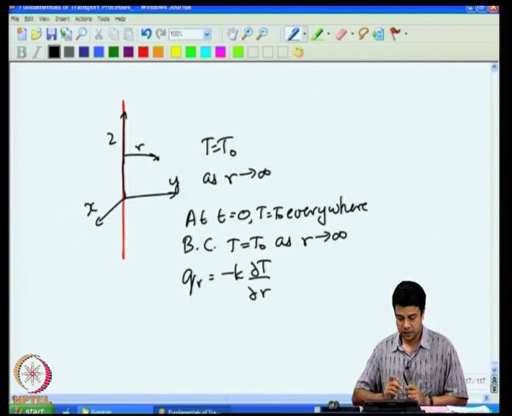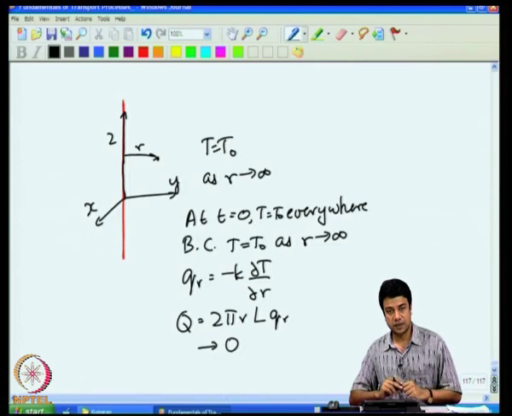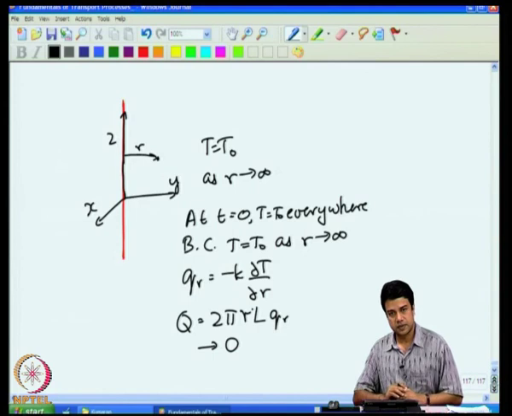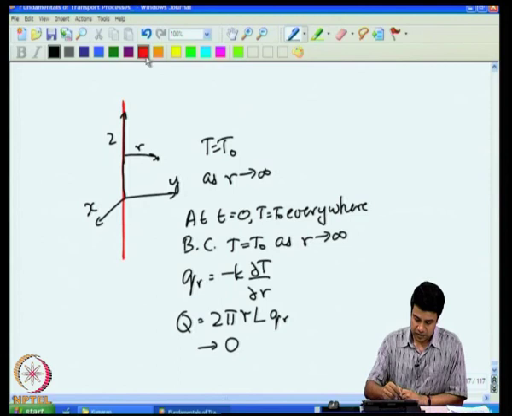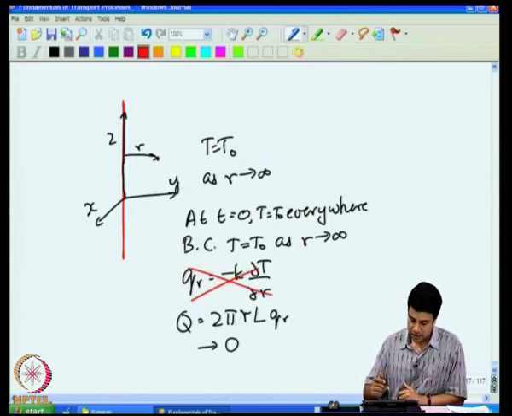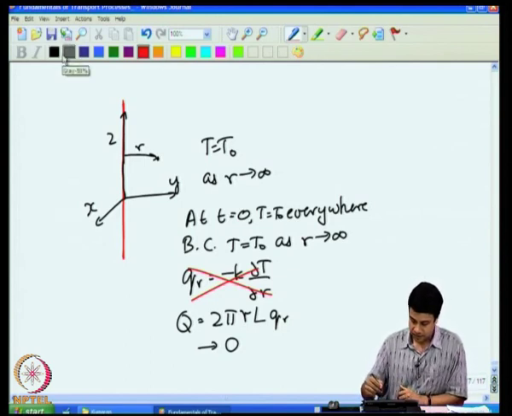So, this Q will be equal to 2 pi r L into q r, which would go to 0 if the temperature were finite, because the radius r is going to 0 in the cylindrical coordinate system. So, basically I cannot prescribe a temperature condition. What I have to say is what is the total heat coming out of the surface.